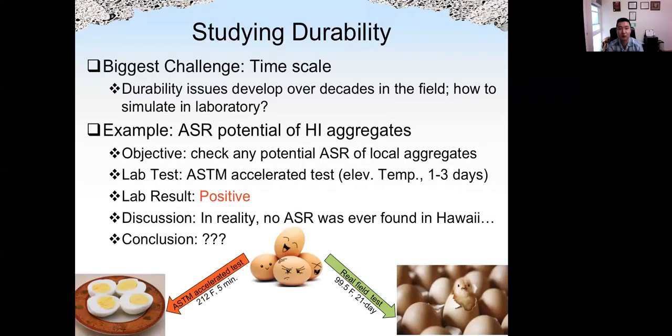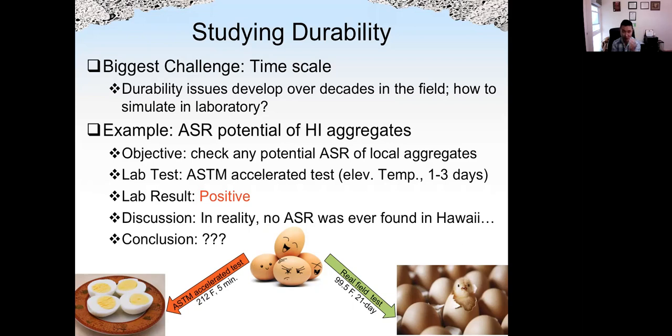All right, so far we have discussed freeze-thaw damage, ASR, corrosion of reinforcement, and sulfate attack. The biggest challenge facing concrete research about studying concrete durability is the time scale. Typically, if a concrete will develop durability issues, it will take years or even decades in the field.